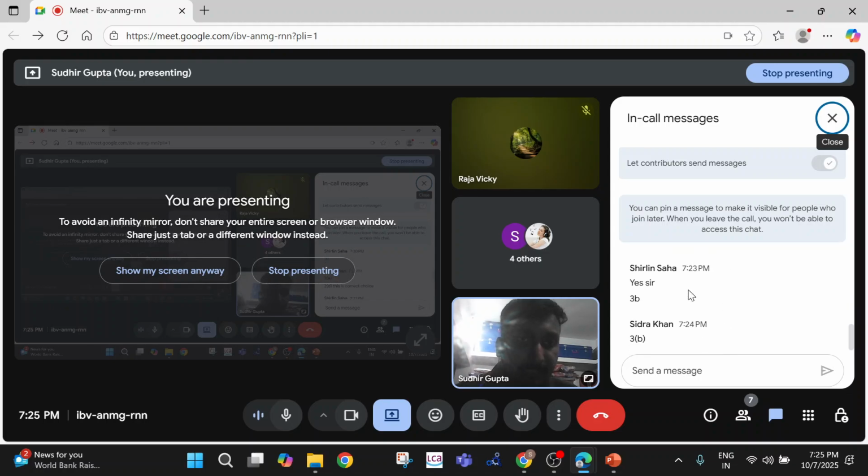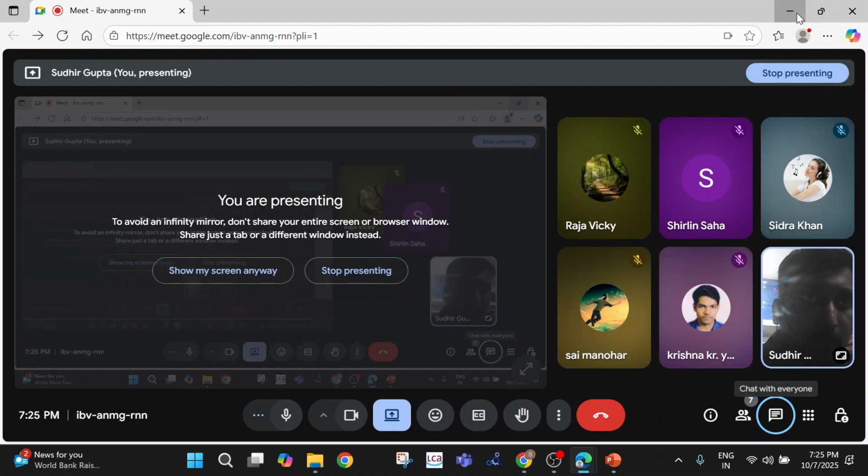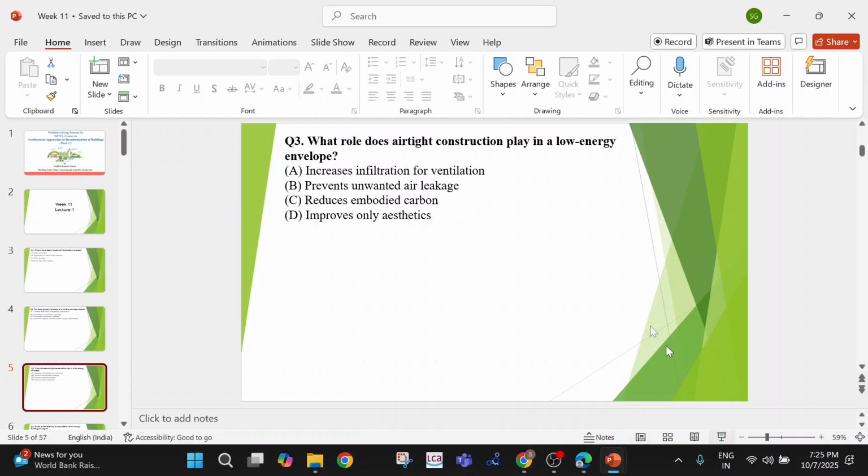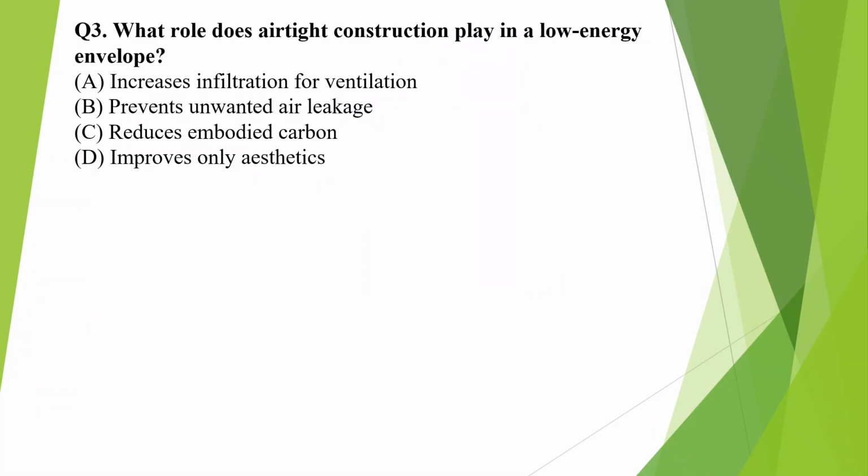As I can see for question number 3, Sidra Khan and Celine both have marked option B. So let me tell both of you that you are absolutely correct. Option B is the correct answer.